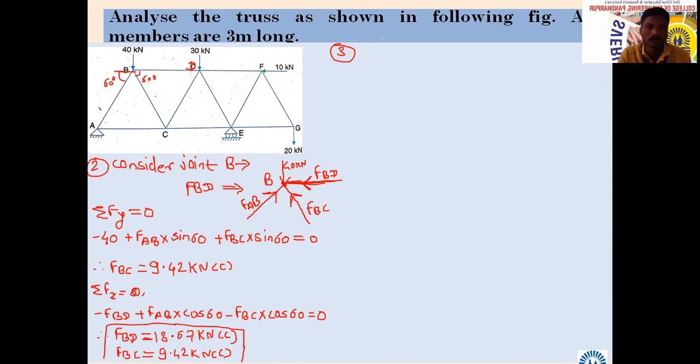How many unknown forces are there at joint C? Apply the mind, tell me. 2. If we go for it, is it possible to solve that joint?